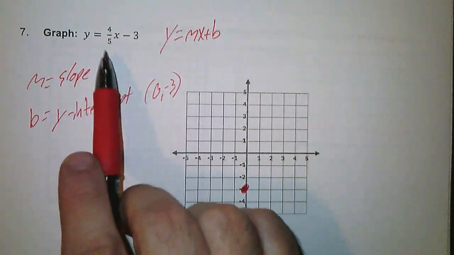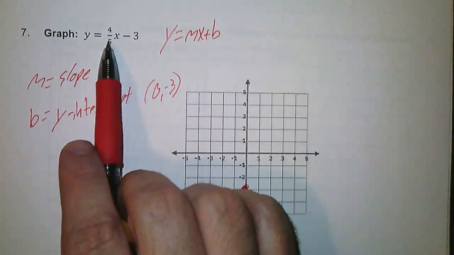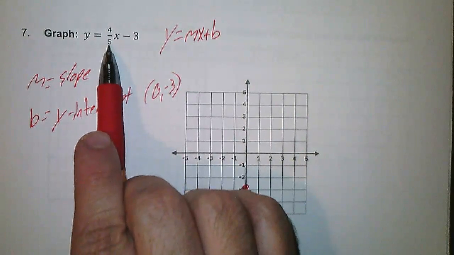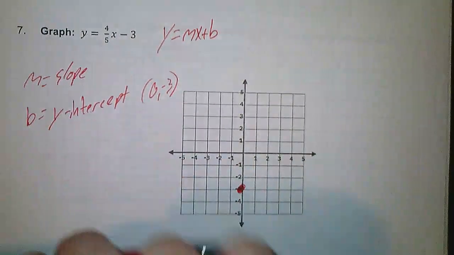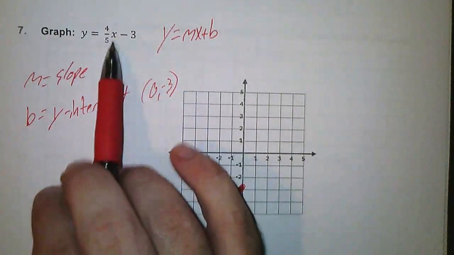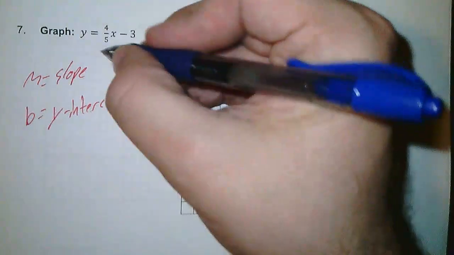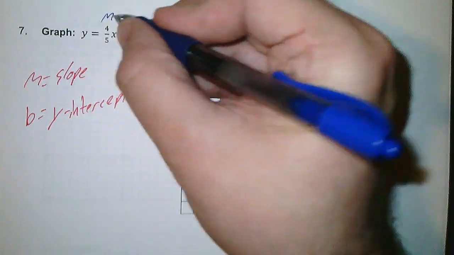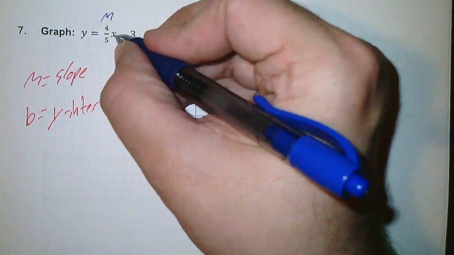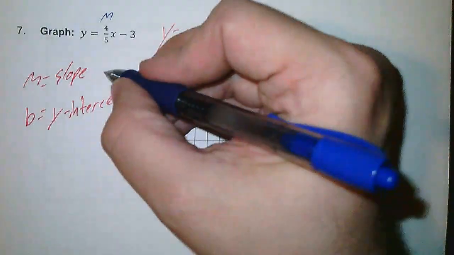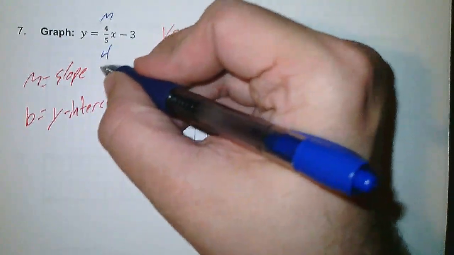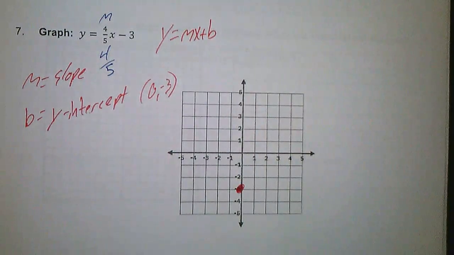Our slope, some students get this confused. If it asks you for the slope, it's just the fraction in front of the x. Don't make the mistake of putting the x in the slope. It's the m value in front of the x. So the slope here is 4/5.